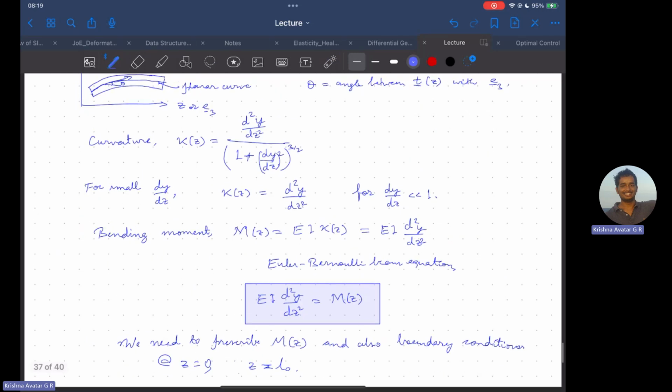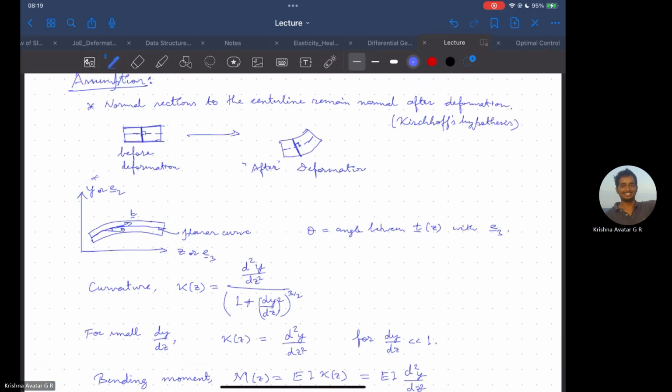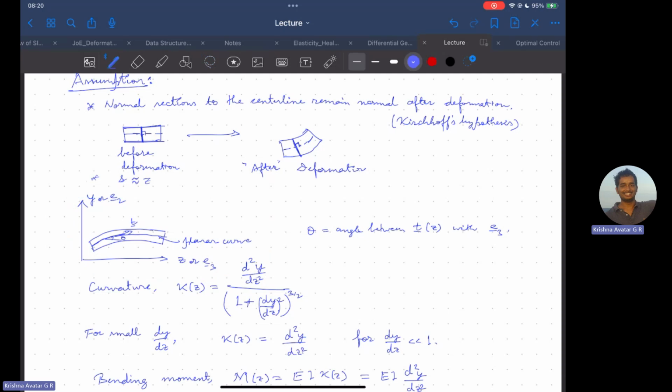And the second assumption was that the deformation is so small that the arc length coordinate S, which defines the center line, is almost equal to Z. This puts a severe restriction on the applicability of the model, because we would like to have the deformation such that the arc length coordinate happens to be very close to the Z coordinate throughout.